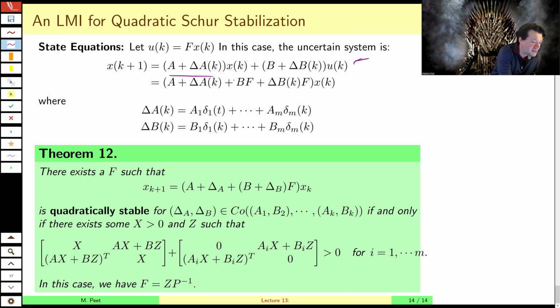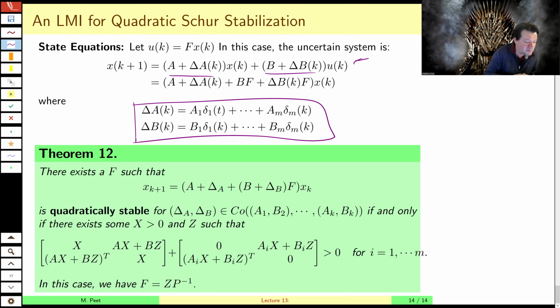We have uncertainty in our update matrices. That uncertainty is polytopic, and we can enforce the equivalent of quadratic stability, which is that there's a single Lyapunov function which proves stability for every vertex. Although, again, our definition of quadratic stability needs to be redefined in this case.